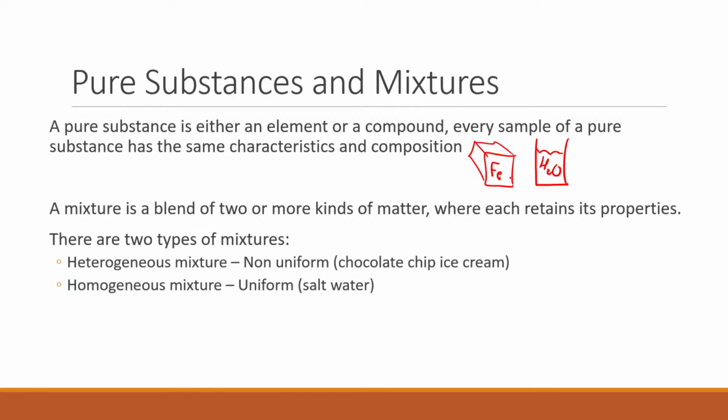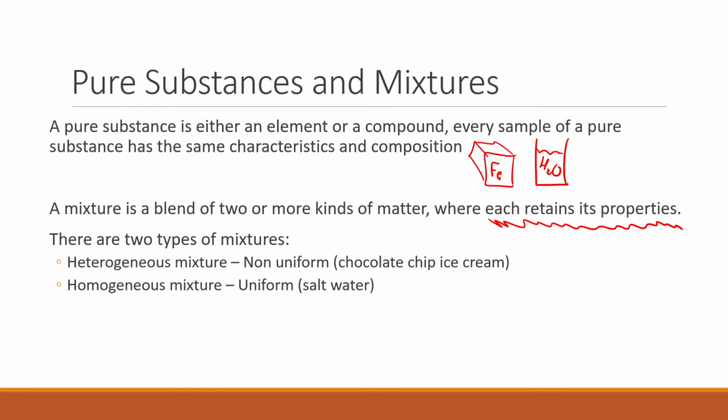Now, if we take two types of matter, two pure substances, and mix them together, we have created a mixture, right? A blend of two or more kinds of matter. The thing to note, and the thing we're going to come back to, is that each piece retains its properties. That means when you make a mixture, you're not making a new thing with new properties.